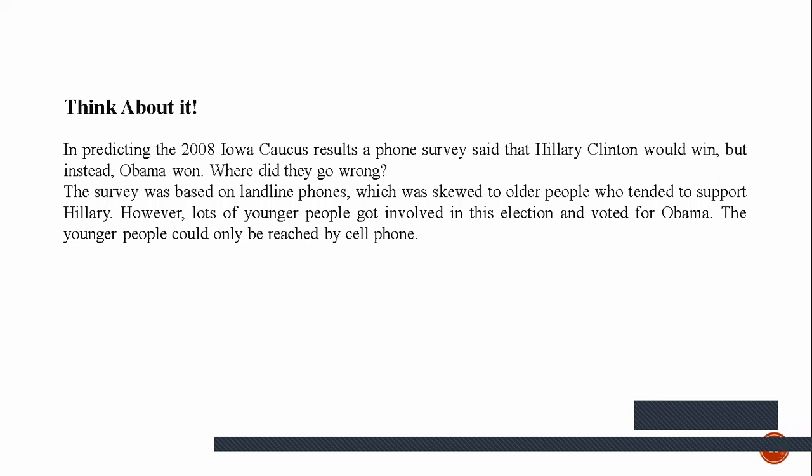If you look at a few newspapers from those days, this was a much discussed topic, why their prediction was wrong. However, lots of younger people got involved in this election and voted for Obama. The younger people could only be reached by cell phone.